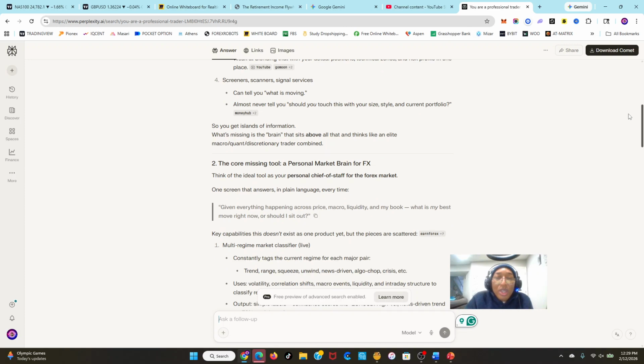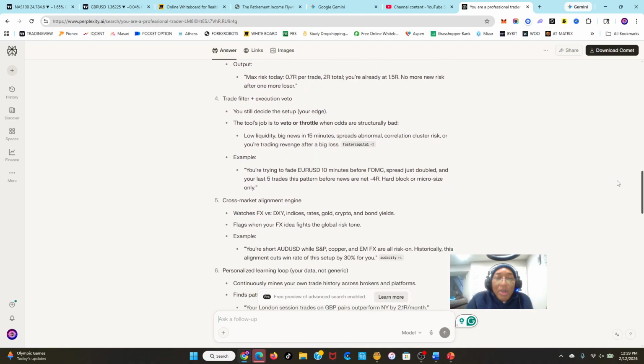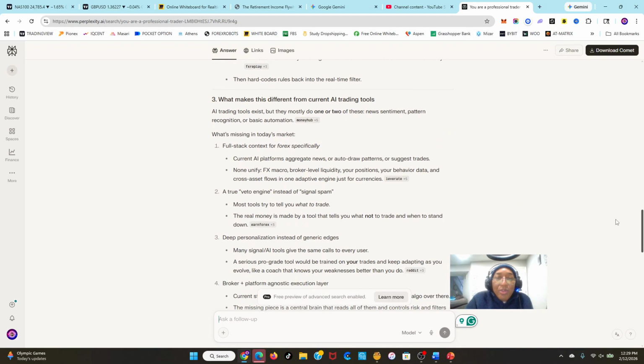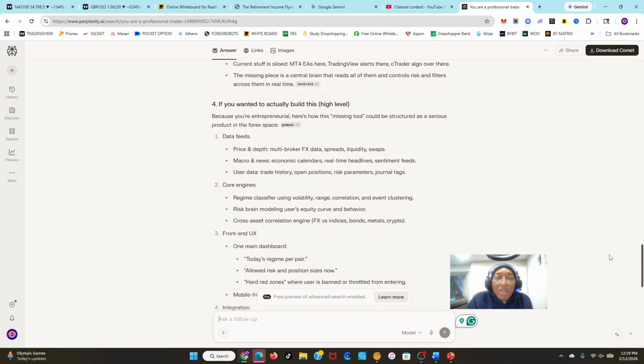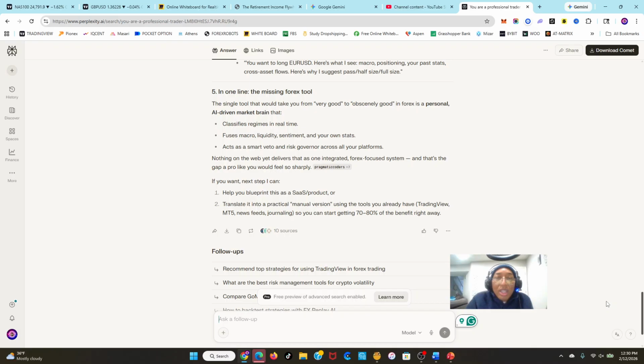The core missing tool is a personal market brain for FX. So it's called Market Brain for Forex. Okay, that's all that is missing. That's the tool that is missing. Personal AI-driven market brain.